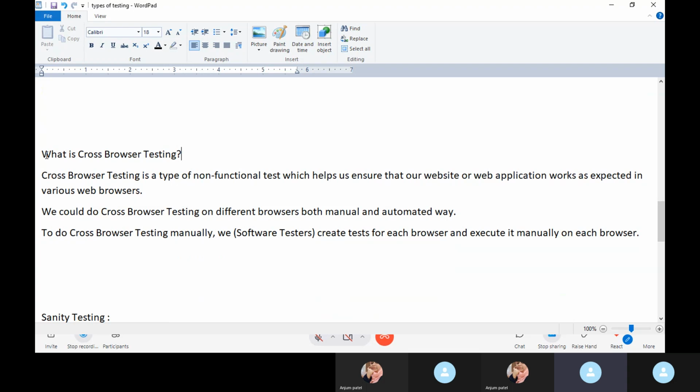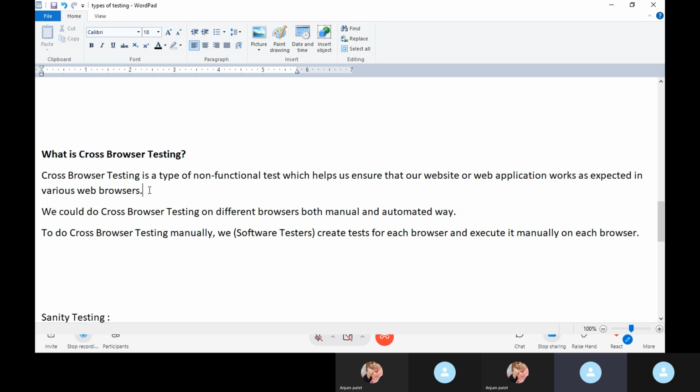Next is cross browser testing. Cross browser testing is a non-functional type of testing that helps ensure our website or application works as expected in various browsers. You are testing the same application, same functionality, but in different browsers: Chrome, Firefox, Mozilla, Edge, Internet Explorer, Safari, Opera. Same application opened on different browsers and you are doing the same testing.